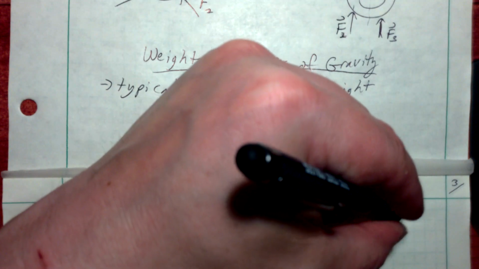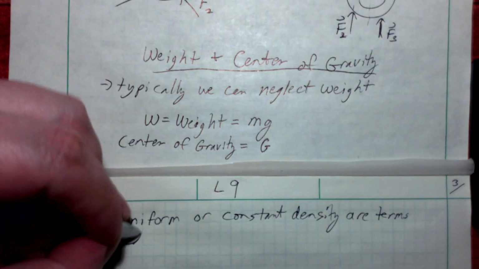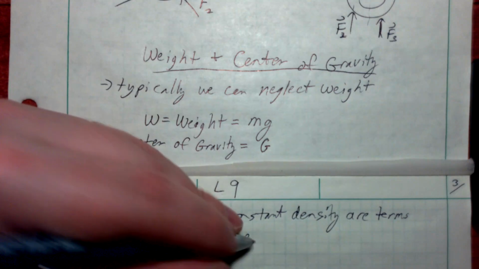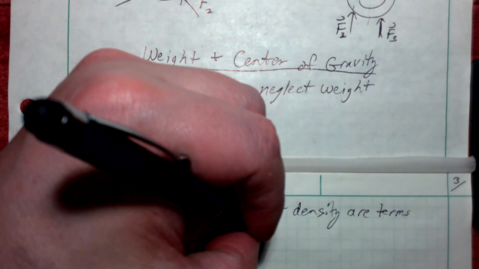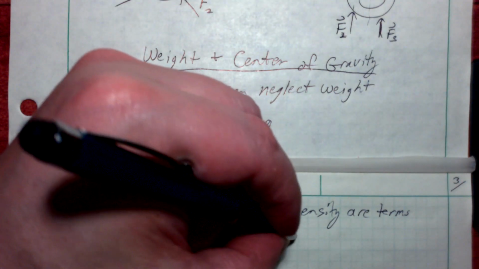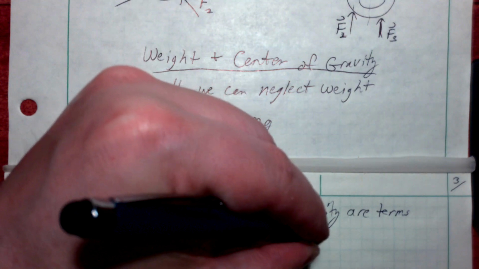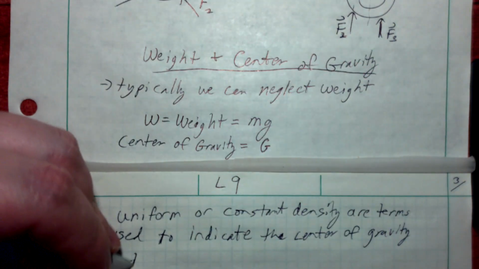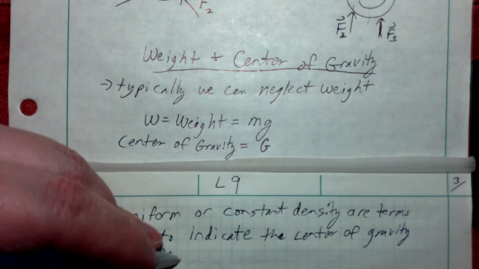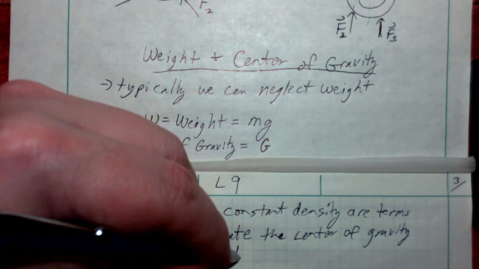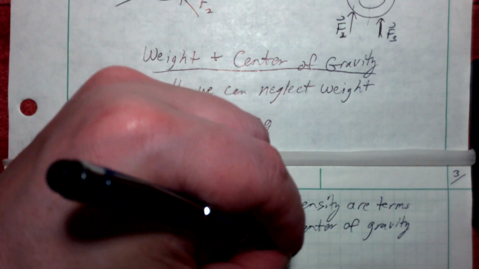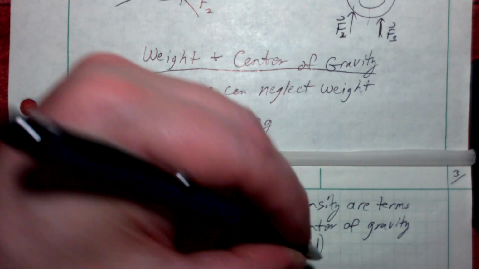these are terms used to indicate the center of gravity is in the middle, or the center, and often we call the centroid the location of the middle.